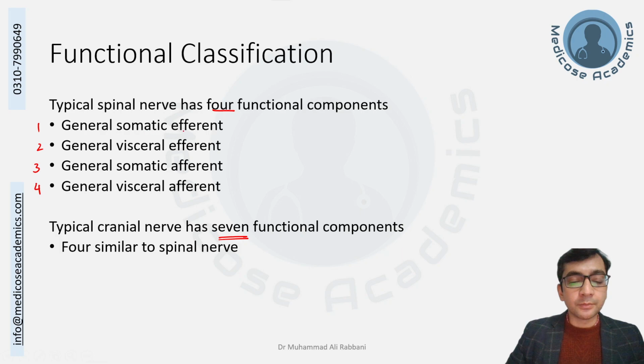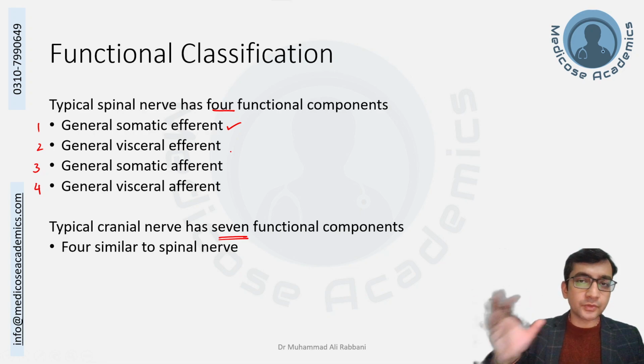For example, the muscles moving your eyeball are muscles that you have under conscious control. They will be general somatic efferent. Taste sensation, not general taste sensation, let's say the sensation from the back of the pharynx, the sensation of the carotid body and carotid sinus, carrying the information around the blood pressure and composition.